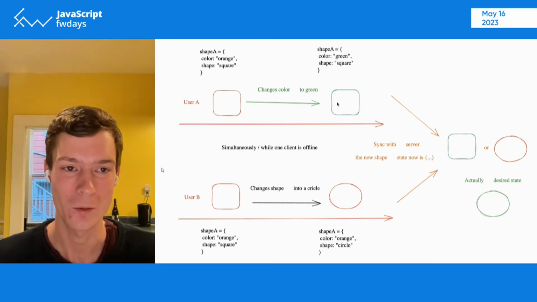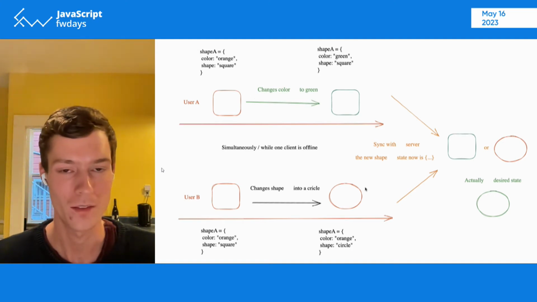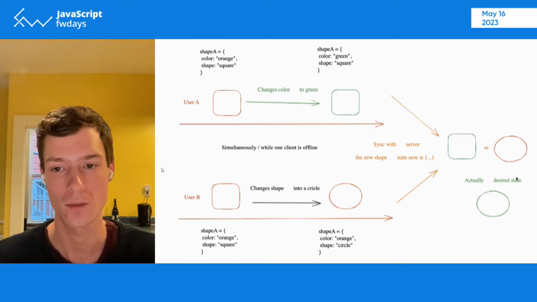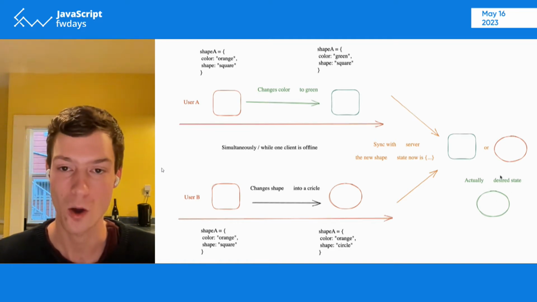What you ideally would want in this case is, because user A changes the color of the shape to green, and user B changes it to be a circle, you would expect it to be a green circle. But getting to this state is incredibly complex to actually implement.